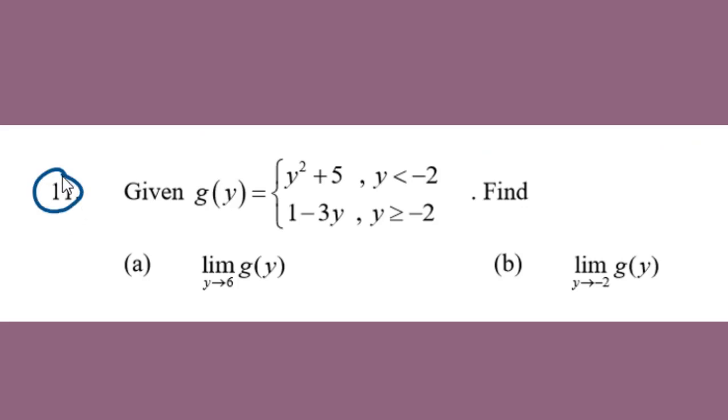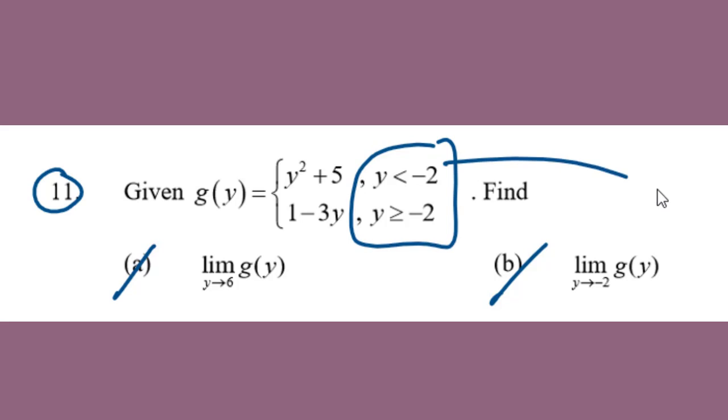Number 11, given this piecewise function, find the limit as y tends to 6. Part b, the limit when y approaches negative 2. Here the domain changes at negative 2.